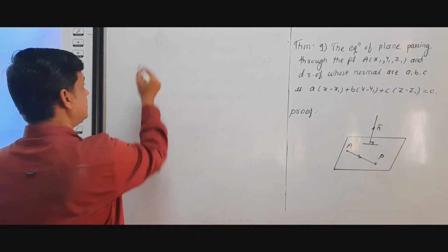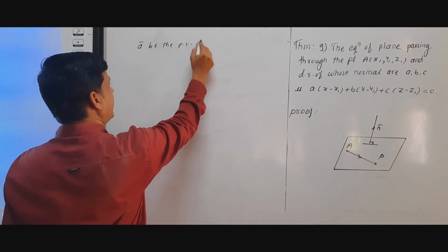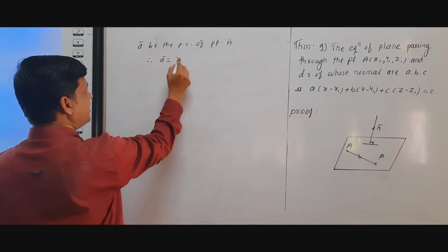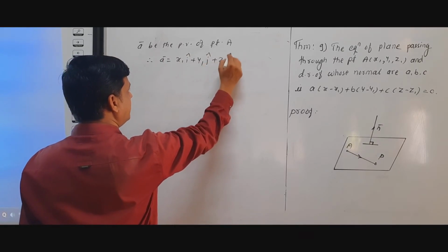So first we write the position vector of point A. Let A bar be the position vector of point A. Therefore A bar is equal to x1 i plus y1 j plus z1 k.